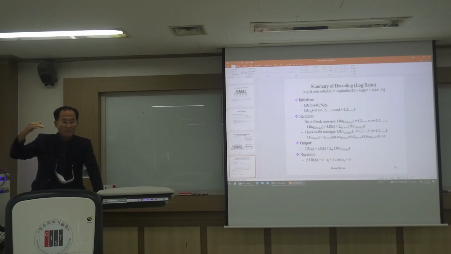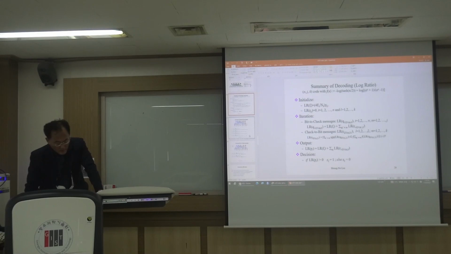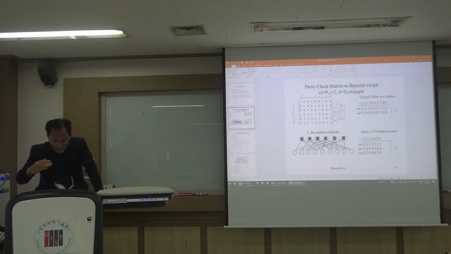If it is greater than 0, it is the probability of that node being 0. If it is smaller than 0, it is the probability of that node becoming 1, right? So 0 versus 1. That algorithm is right here, and this algorithm does this operation multiple times.